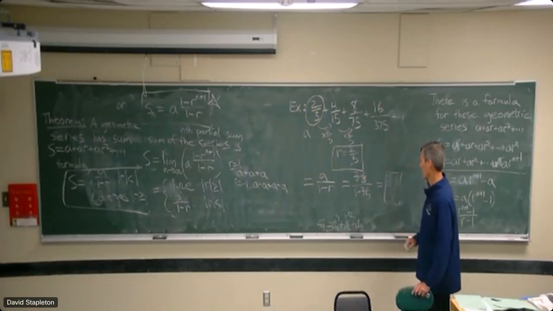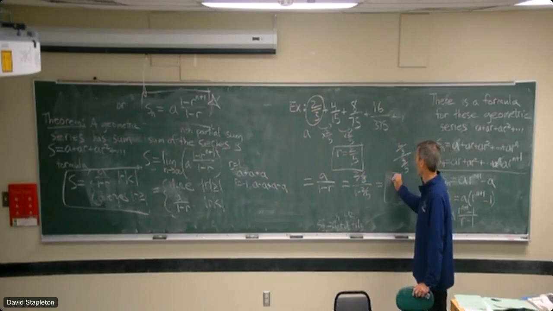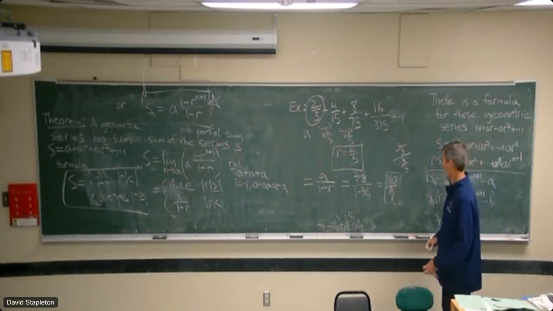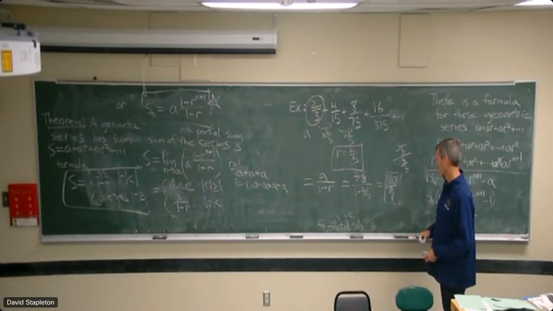So I get 2/3 over 3/5, which is 10/9. That gives 1.11111 on forever as a decimal if you did it on the computer. That's the geometric series there.